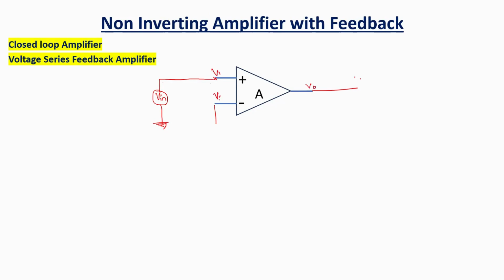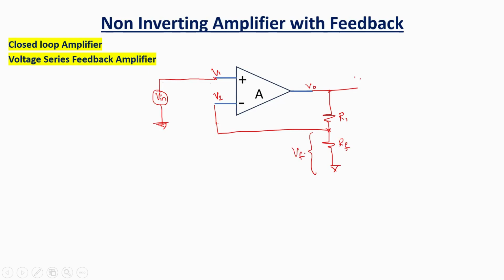This is V1 and this is V2. The output, as we told, will be two resistors. It is R1 and this is the feedback resistor, RF. Disconnected. This is connected to ground. What is this? This is feedback.